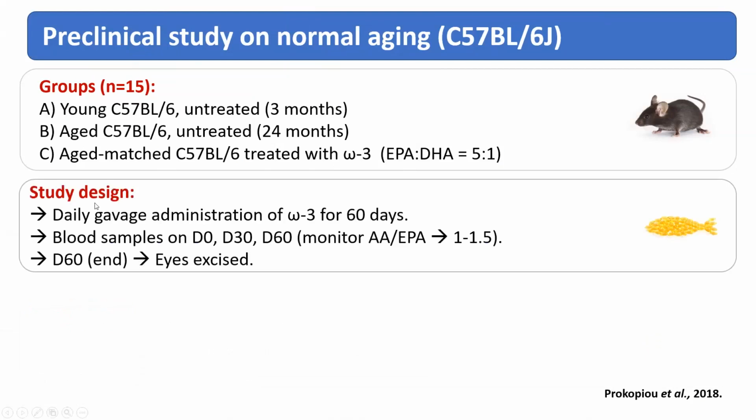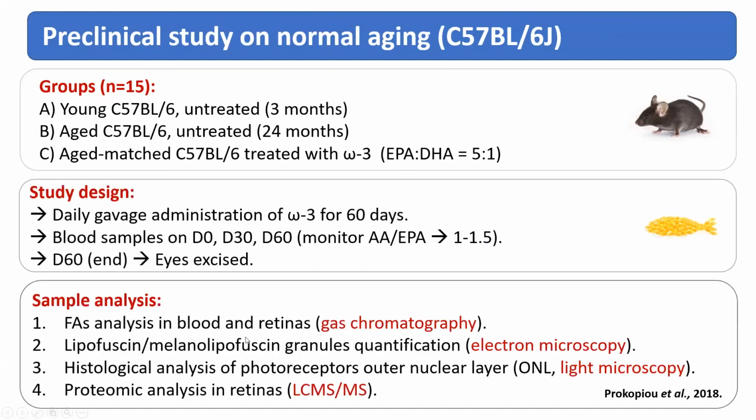Now, in terms of the study design, we administered oral omega-3 daily for 60 days. We obtained blood samples on day 0, day 30, and day 60 in order to monitor the AA to EPA ratio. On day 60, the end of the study, we prepared the eyes for analysis. We checked the fatty acids in blood samples, and also isolated retinas and checked the fatty acids with gas chromatography.